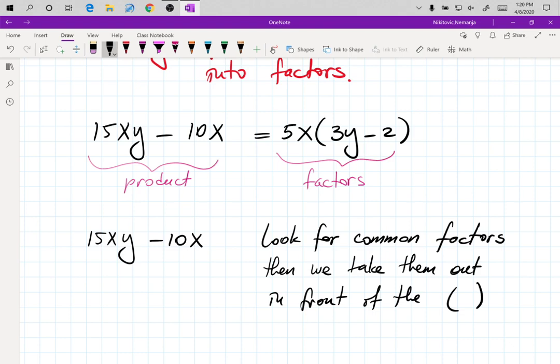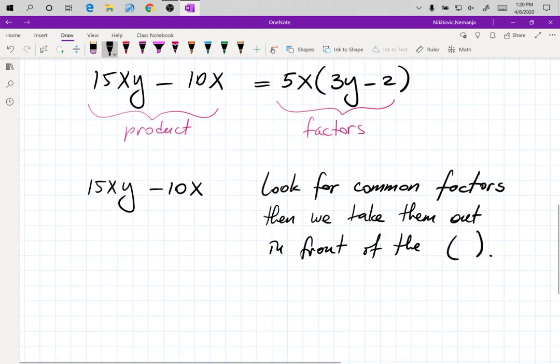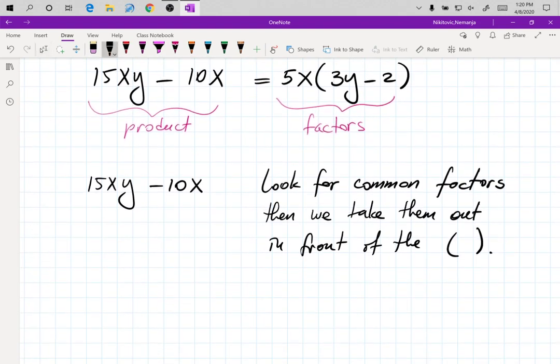So let's break 15 into factors. Well, that's 3 times 5 times x times y. They cannot be broken any further. So you have 1x and 1y. Minus, break 10 into factors. That's 2 times 5 and then times x.